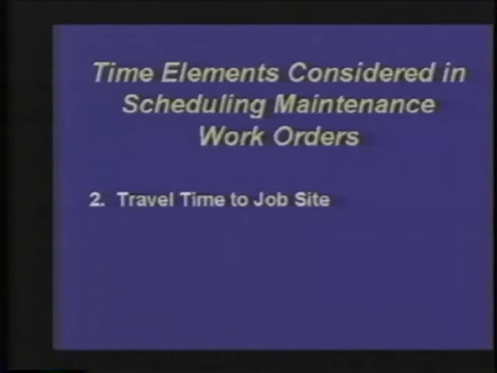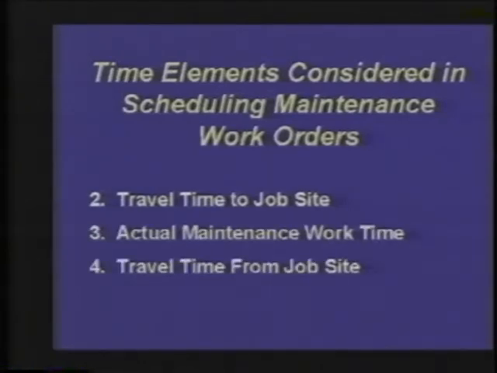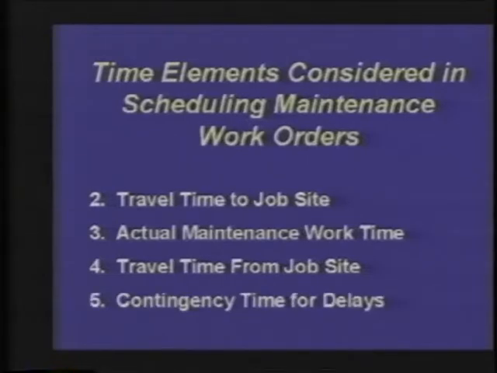And then we would also have to develop the time elements that's traveled to the job site. Then we'd have the actual maintenance time, and then travel from the job site. And item number 5 is the contingency for delay. So these data elements are in sequence order, and this is the way that I recommend the planned maintenance work orders be developed for both PM and major and minor overhauls.